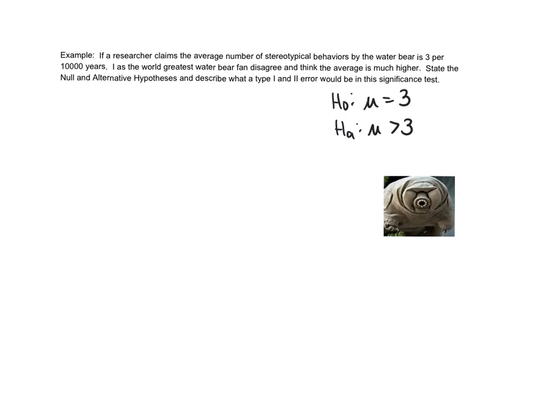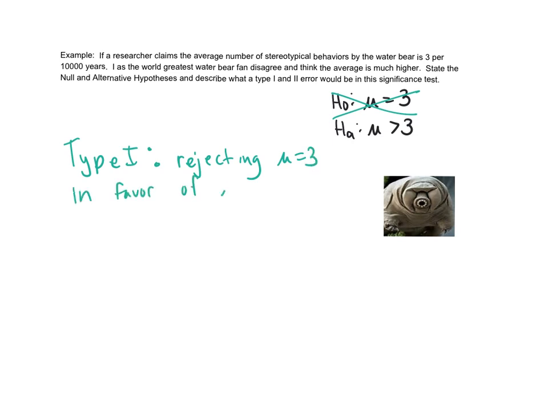A type 1 error would say, I'm going to reject this when it's actually true. So this would be rejecting mu equals 3 in favor of mu greater than 3.